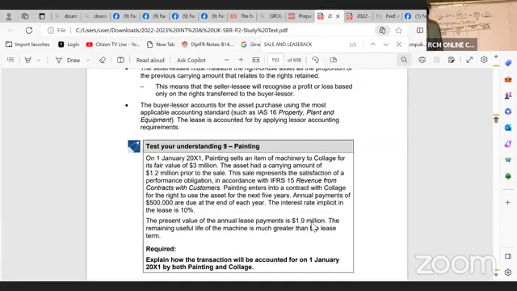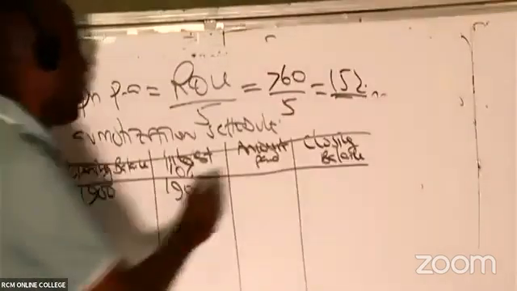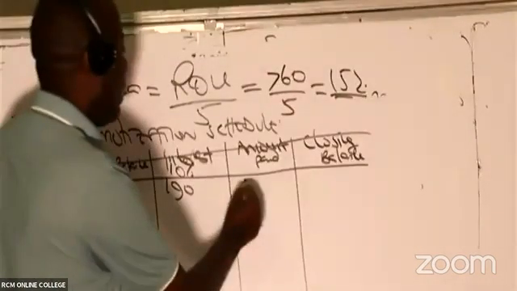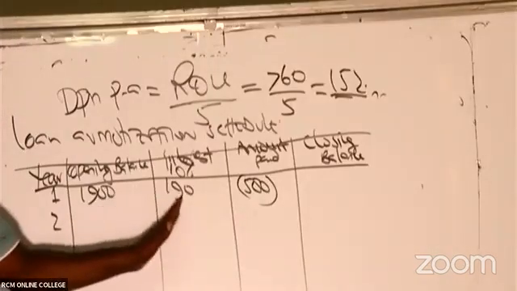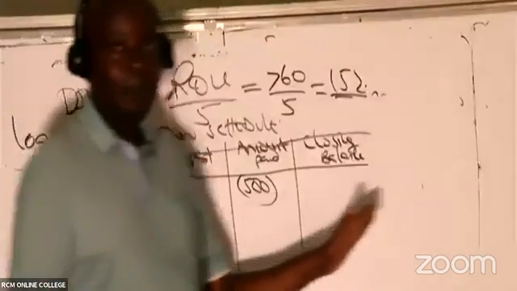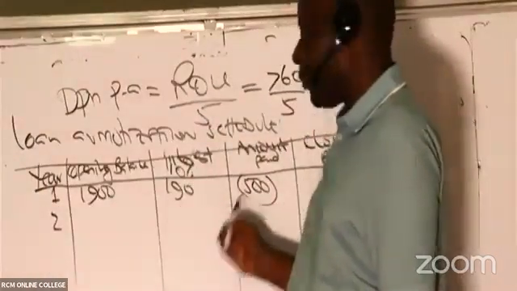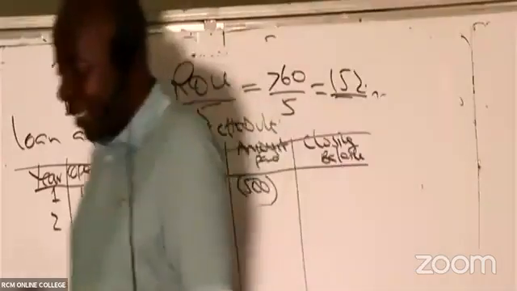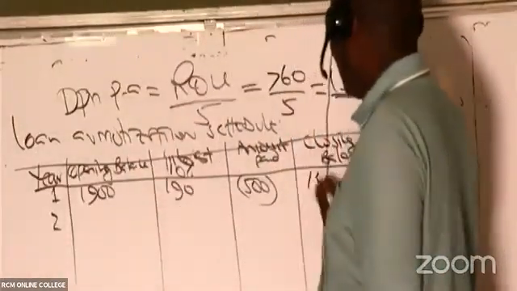So in this case we are paying 500,000 at the end of each year. So the amount paid here is 500. Then could you kindly give me the closing balance? You take 1900 plus 190 minus 500, which gives me 1590.